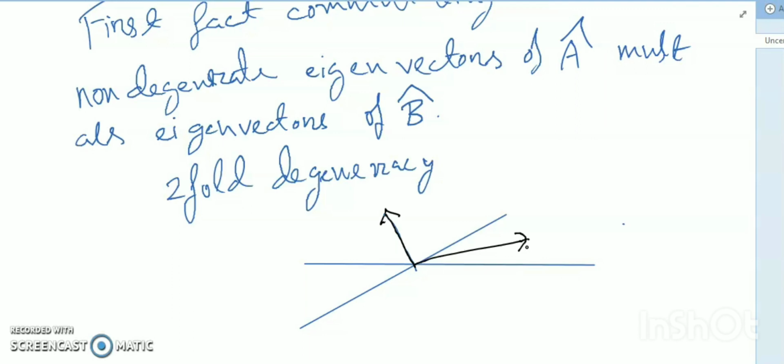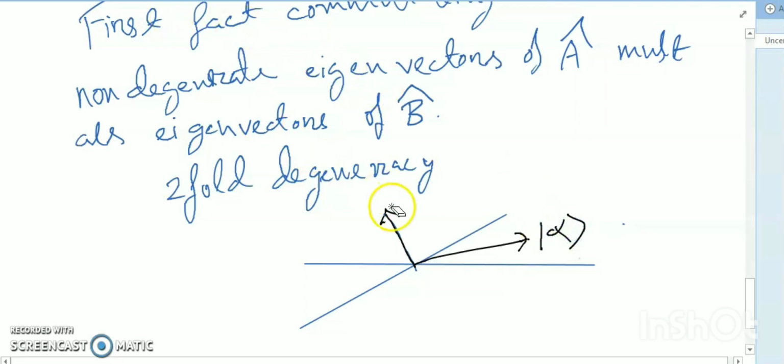What does B do to vectors in this eigenspace? This is the question. We actually already figured this out, so let's review what we know. Let's take alpha to be some vector in the eigenspace, and then let's act AB on this alpha.